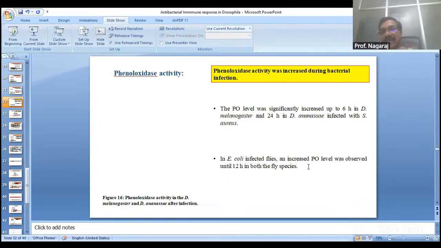You can see the same phenol oxidase activity, whereas SRES, a different bacterial strain which is gram-positive, shows different responses in different fly species. So again, it is an indication that every species has its own innate immunity against a specific pathogen.